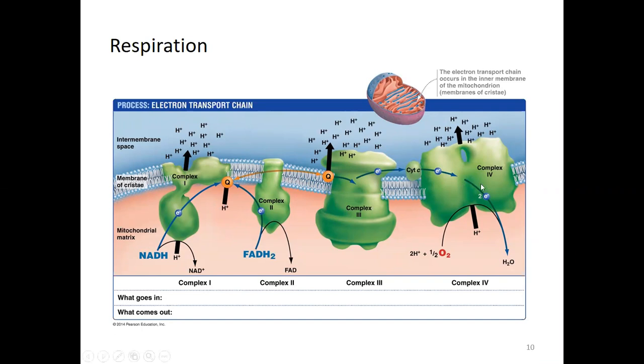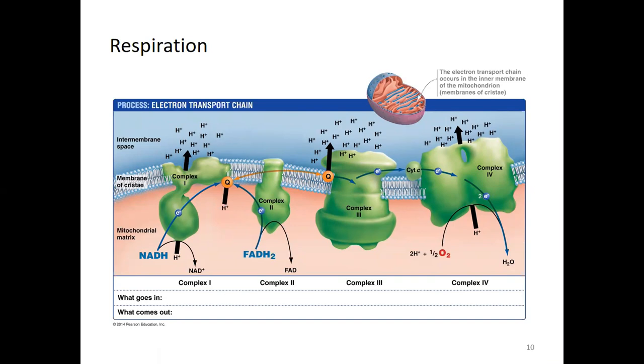When complex 4 is reduced, that allows it to pump some more hydrogens from the matrix into the intermembrane space. And complex 4 finally donates those 2 electrons, which have given up all their energy and allowed the pumping of lots of hydrogen ions. It donates those 2 electrons onto an oxygen molecule. The oxygen molecule then combines with some hydrogen to make water.